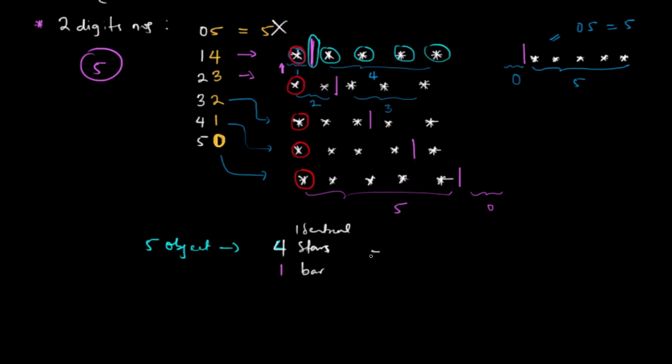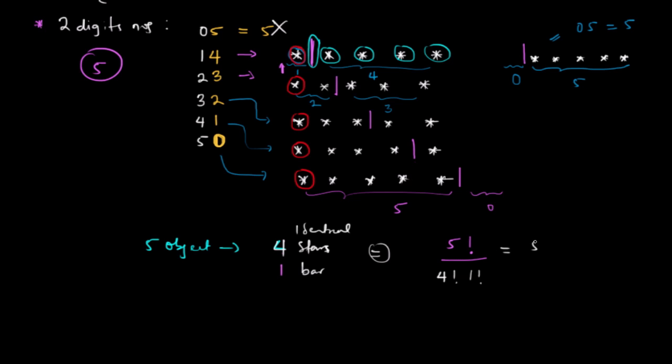According to the video, the number of arrangements of 5 objects that contain 4 identical stars and one bar, like I explained, is 5 factorial divided by, since you have 4 identical objects, 4 factorial, and then you have 1 bar, that will be 1 factorial.